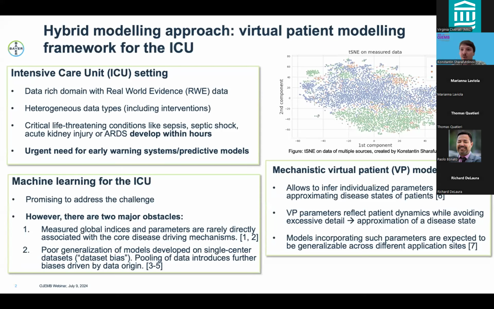However, there are two major obstacles that pop up once we try to apply these methods. The first is that the variables that are measured are not directly related to the pathophysiology of a patient. For instance, we routinely measure the partial pressure of oxygen in the blood.